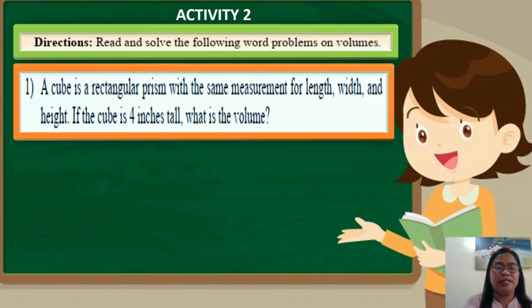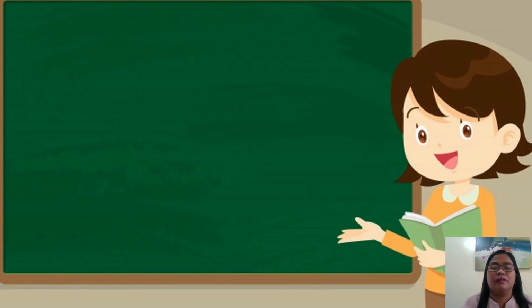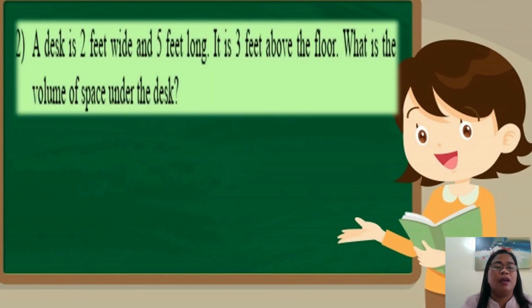What do you think is the answer? Very good. The answer is 64 cubic inches. Let's try the other problem. A desk is 2 feet wide and 5 feet long.